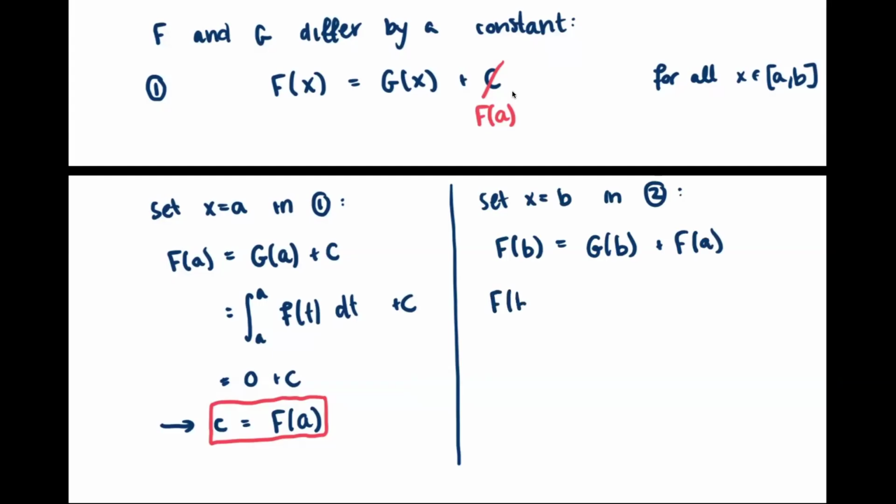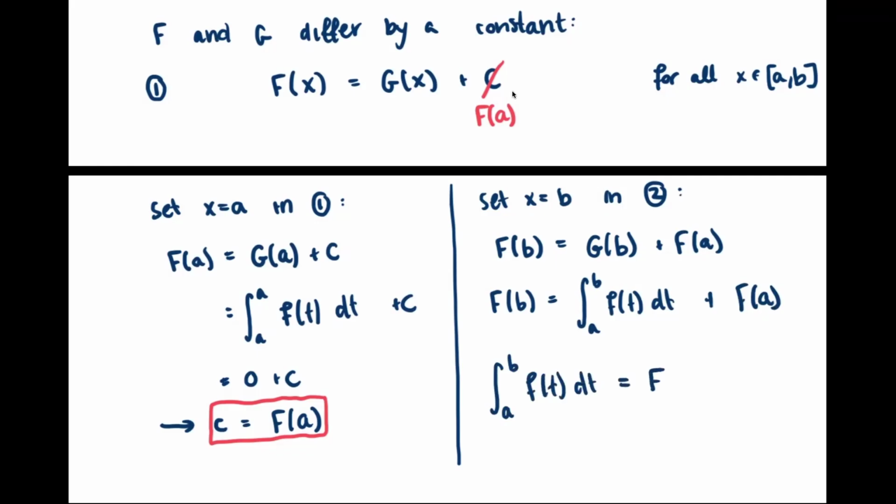So I have F of b is equal to the integral from a to b of f of t dt plus F of a. And now if I just rearrange this equation, I get the conclusion that we were looking for. The integral from a to b of f of t dt is equal to capital F of b minus capital F of a, which is what we wanted to show.